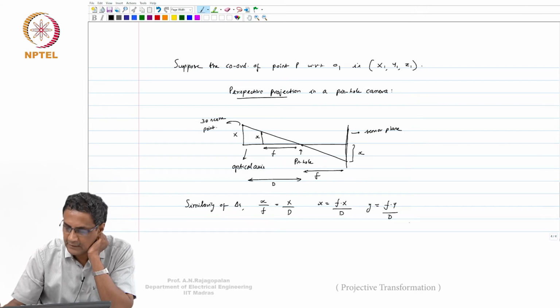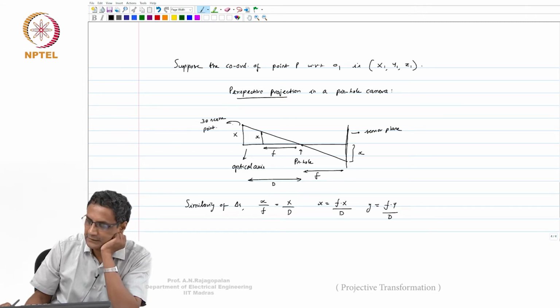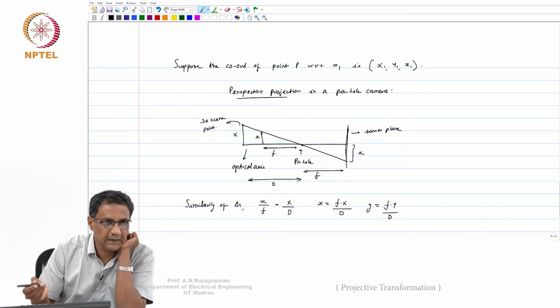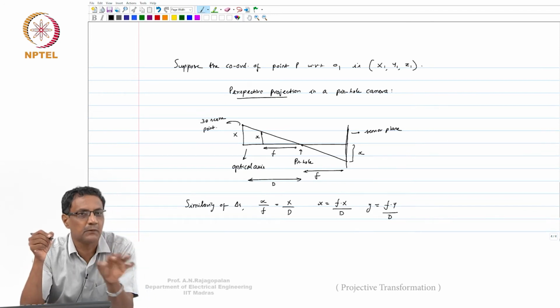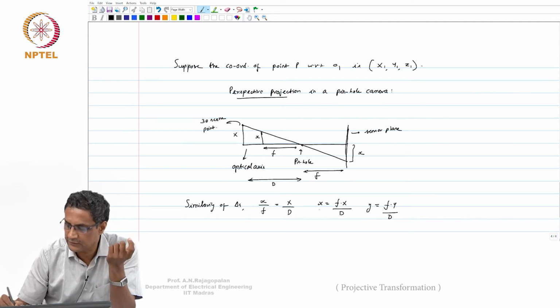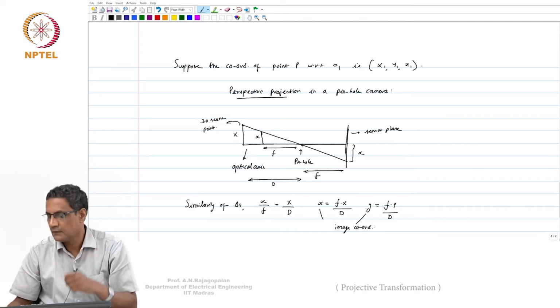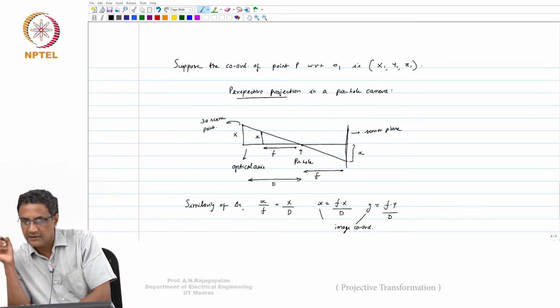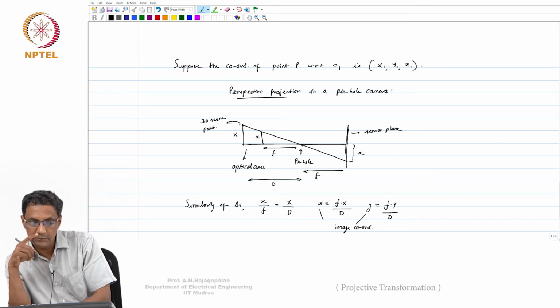The 3D world coordinate is like X comma Y comma d, and this will be some x comma y, which is your image coordinate. So small x and small y are the image coordinates, where this point is going to fall. What this also means is that the focal length enters into the equation.